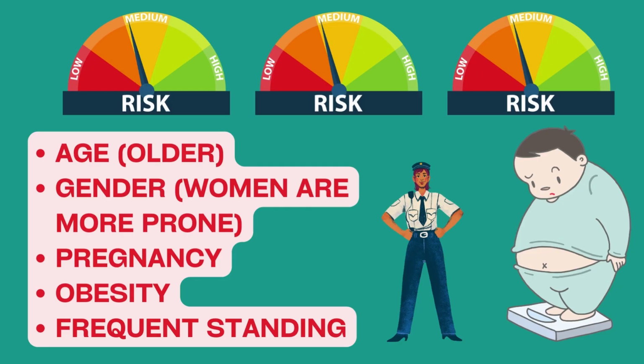You must also know the risk factors related to this condition. The first risk factor is age. The vein valves that aid in controlling blood flow deteriorate with age. After the valves have worn down enough, some blood can eventually flow back into the veins and collect there. Next factor is gender.